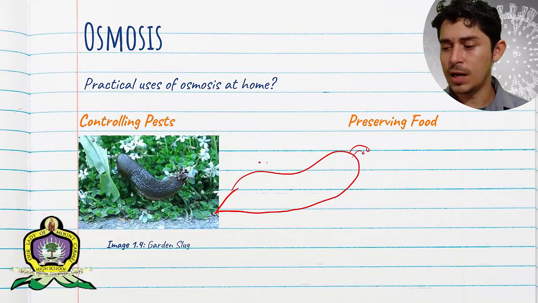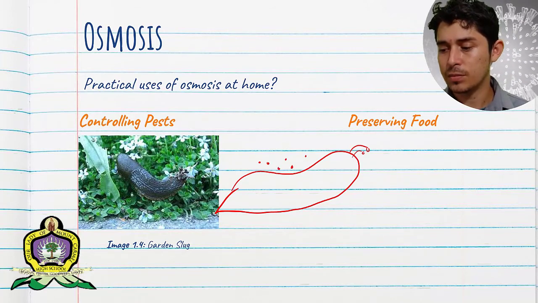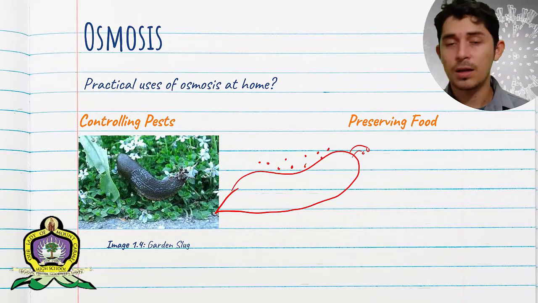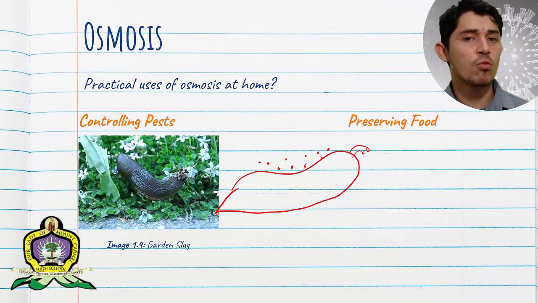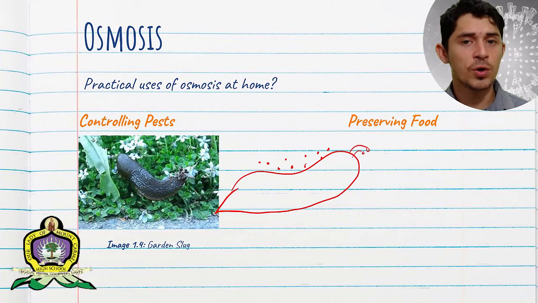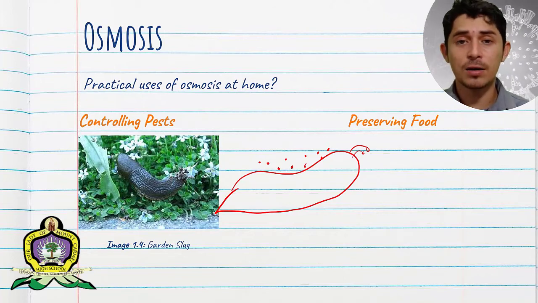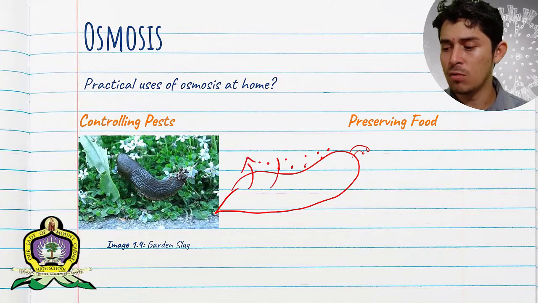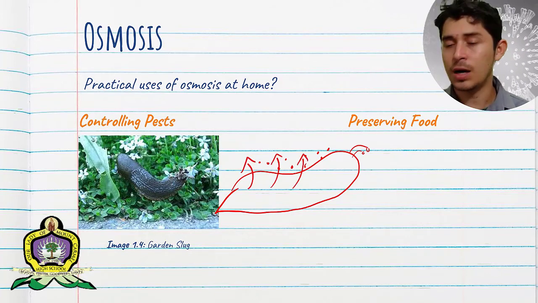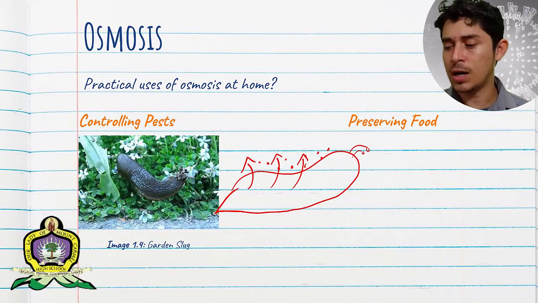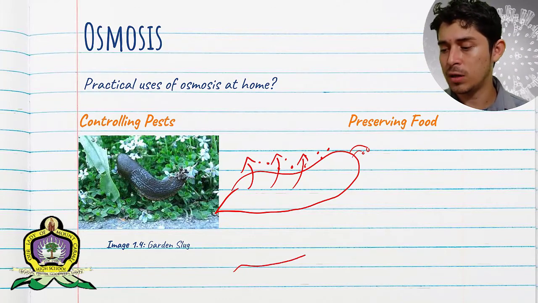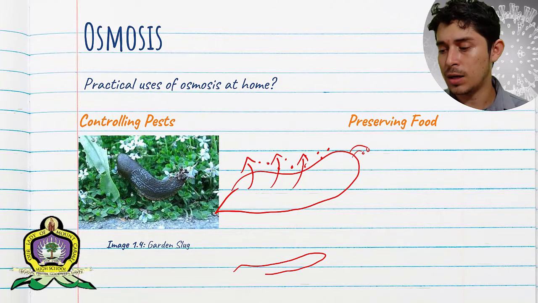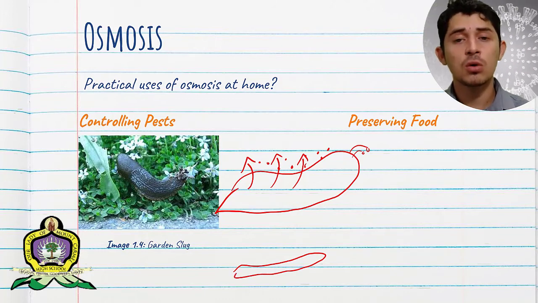And you add salt on top of it. Remember that water will move from where there's a lot of water to where there's less water. So outside of the slug there is less water. Therefore, the water from inside the slug will move out. And when it moves out, it will cause this slug to shrivel up and desiccate. So this slug would die.